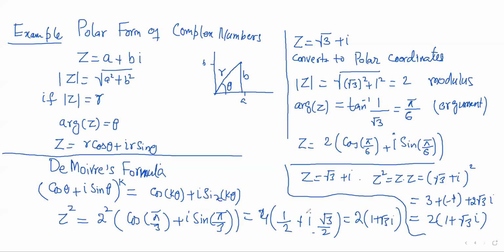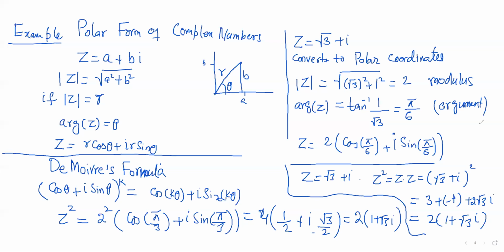Otherwise, we would have to multiply z with itself 5 times, and that will involve a lot of calculations. So this is the usefulness of polar coordinates.